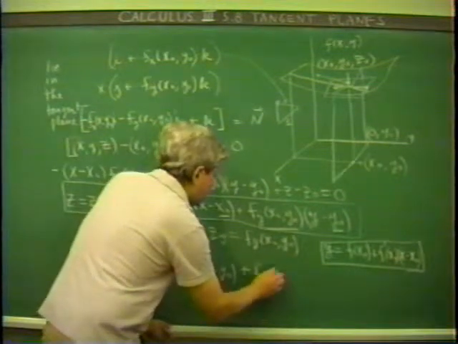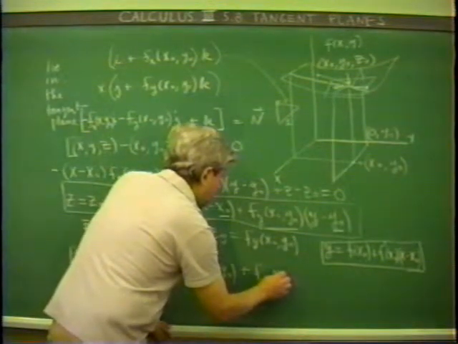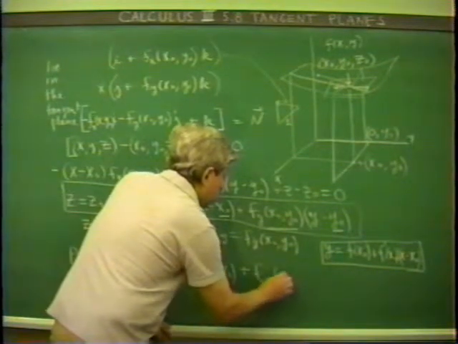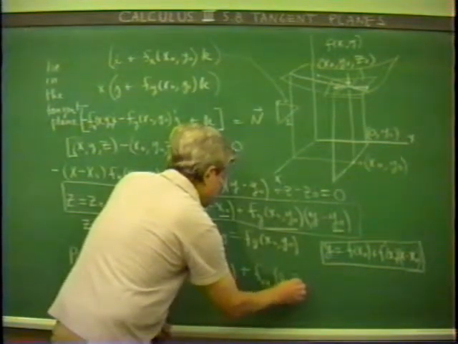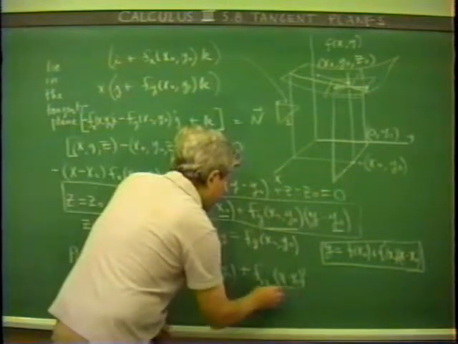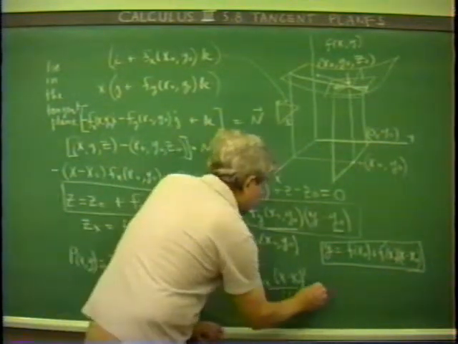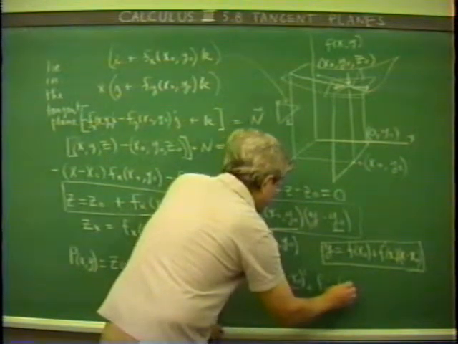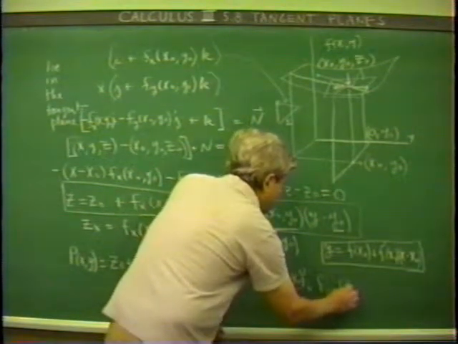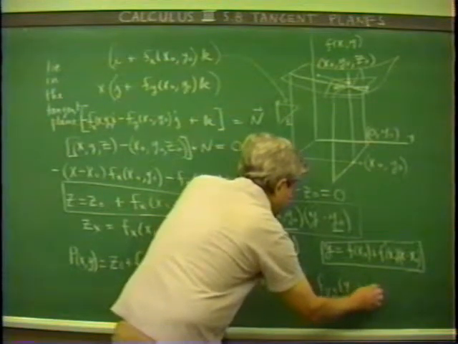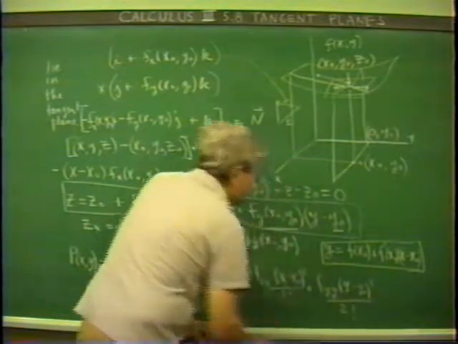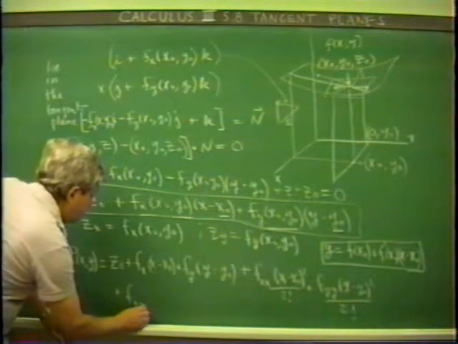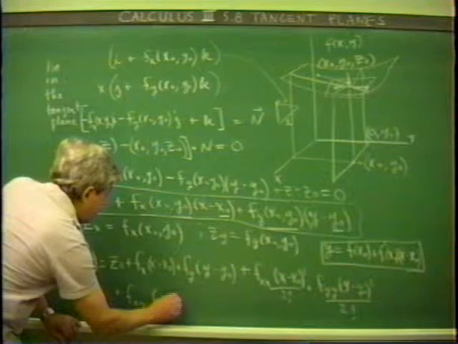Here we've got the tangent plane, but now we can continue this with the partial with respect to x and then with respect to x at x naught y naught times x minus x naught squared over 2 factorial, plus the partial with respect to y and then with respect to y times y minus y naught squared over 2 factorial, right?